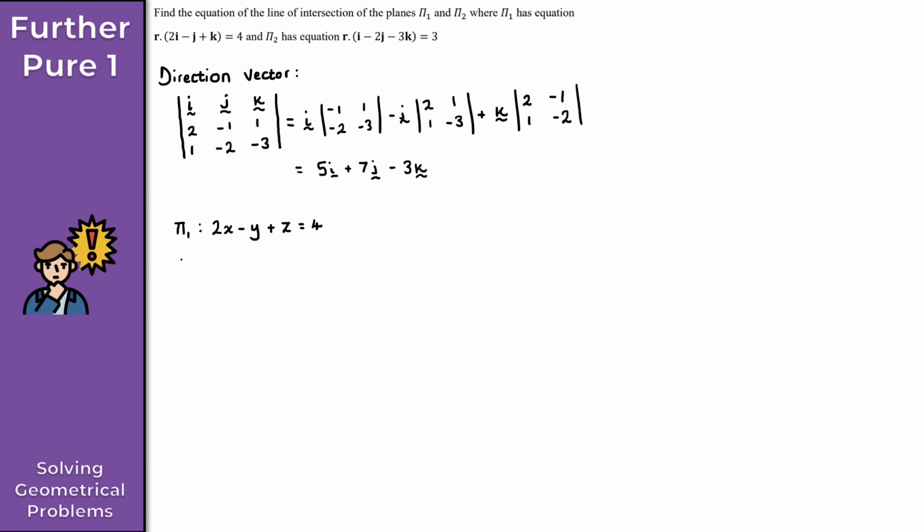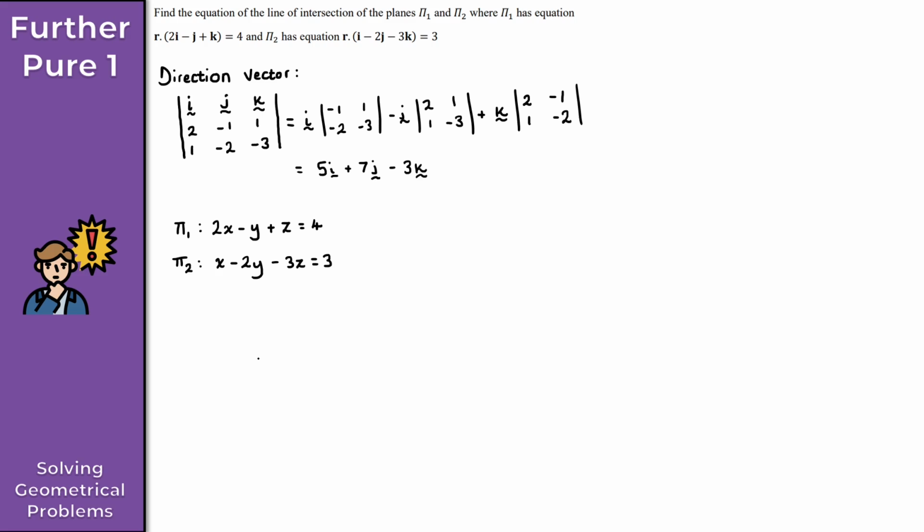And for pi2, I get x minus 2y minus 3z is equal to 3.